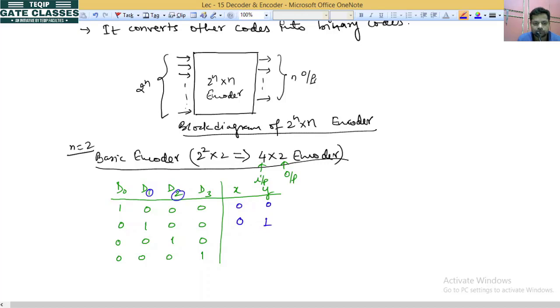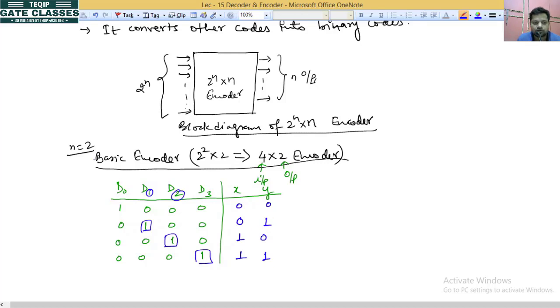Similarly D2 denotes min term 2, so you can write it as 1 0. Similarly D3 denotes min term 3, so it can be written as 1 1. So this is the truth table of the 4x2 encoder.